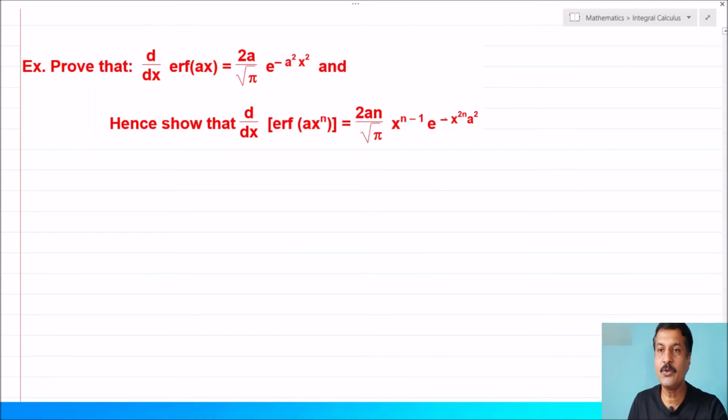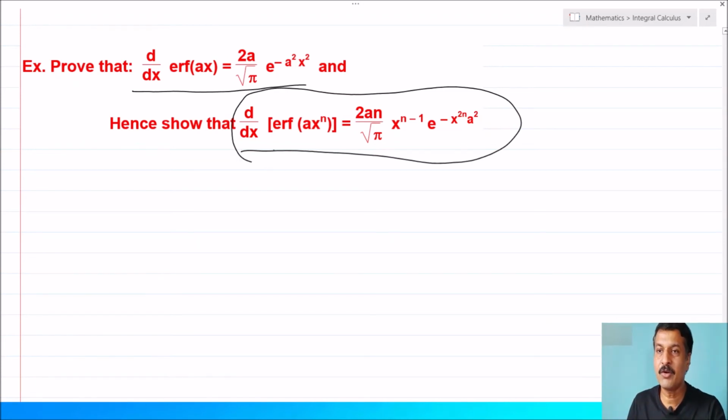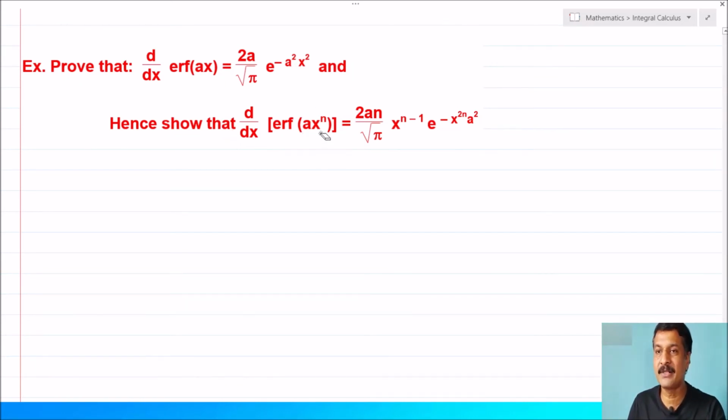Actually, if you observe here, this is the general term, because here a x raised to n, and there a x raised to 1. So that is why I will prove the second part first, and by using the second part I can prove the first one. We want to find this value first.